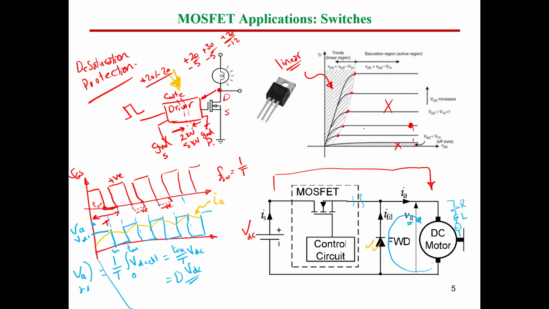So for the same MOSFET, if you have higher VGS, you can have higher current in the power circuit. 100%, if your driver provides 20 compared to 30, then 30 will provide more current compared to 20. Providing more current means supporting more current to flow in the circuit. Otherwise, if it is not supporting that current, it may burn the switch. So this is the idea, guys.